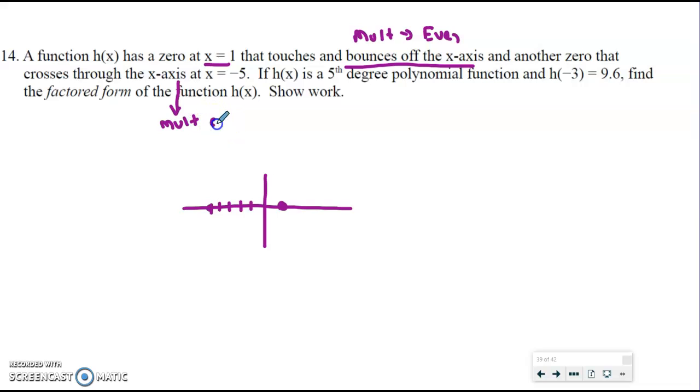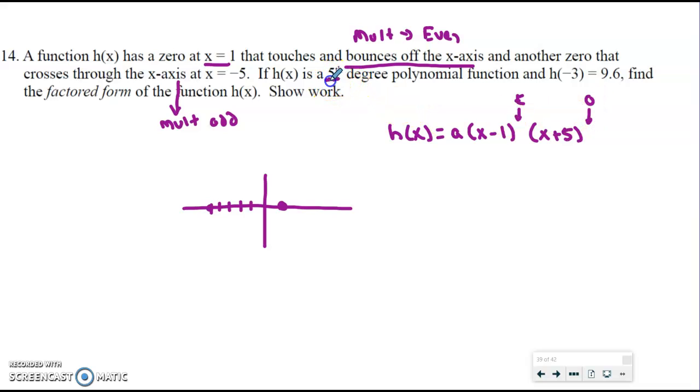So when I look at this, my factored form is going to start off as h of x equals a times x minus 1, because that's one of the zeros, and then I got x plus 5, and I still have to figure out what those powers are. So I know that the power for x minus 1 has to be even. And then when I look at x plus 5, that power has to be odd.